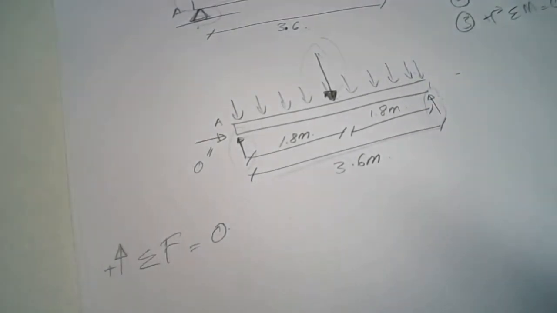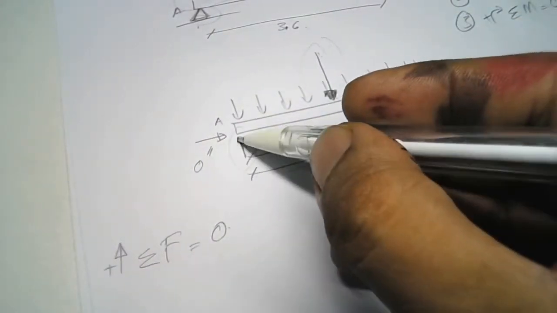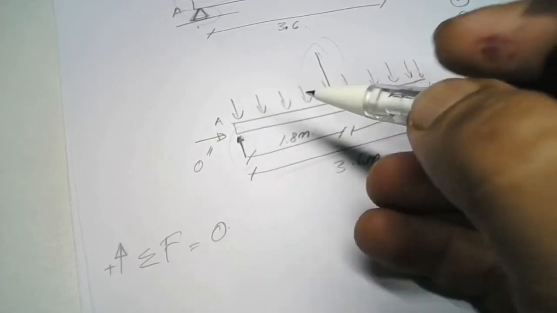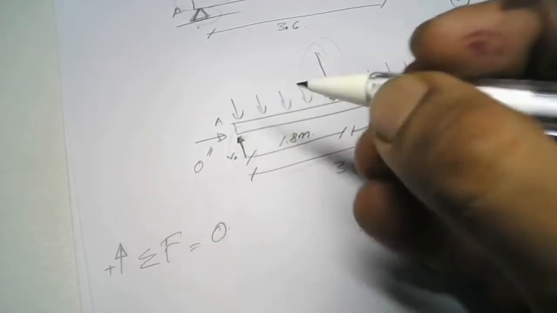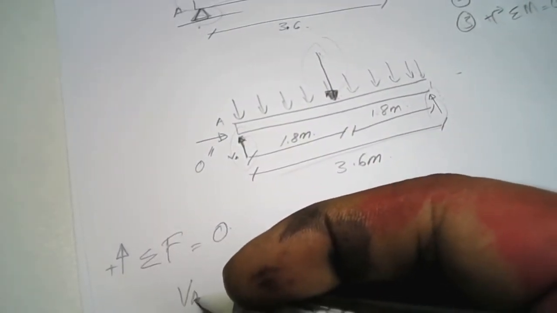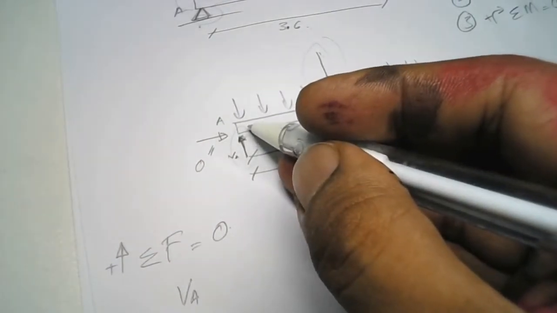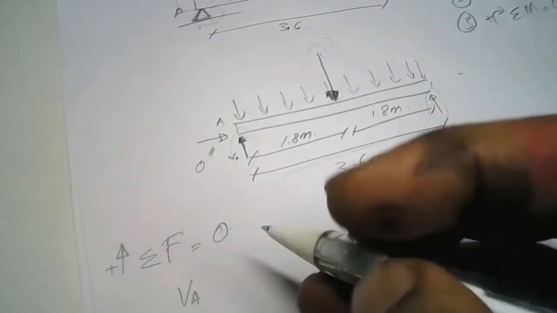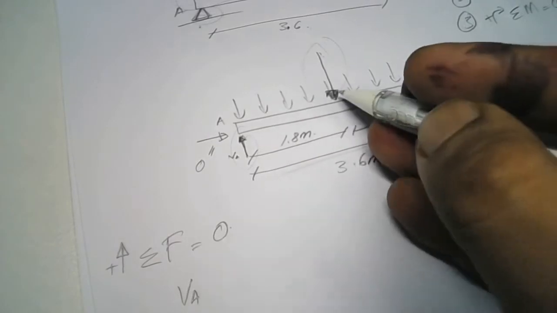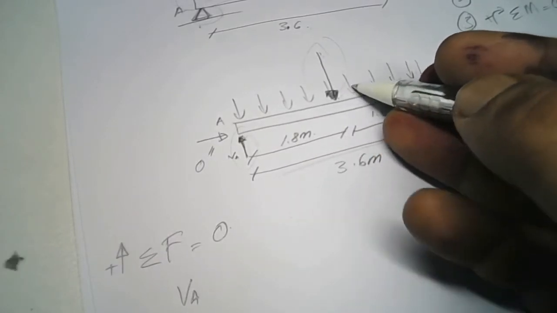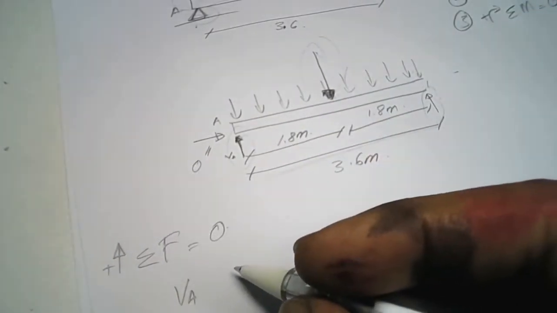That means there are 3 values of force that you have to sum to 0. The first one is VA. VA is in the upward direction, so it's positive.